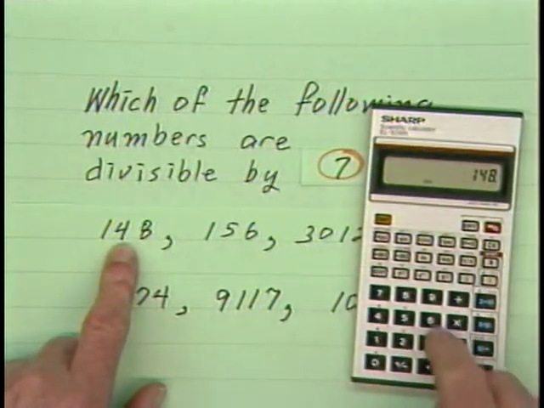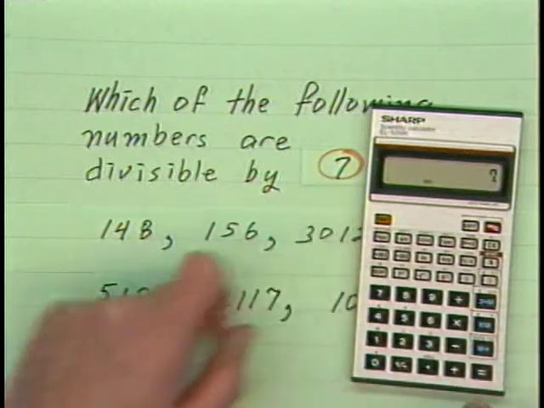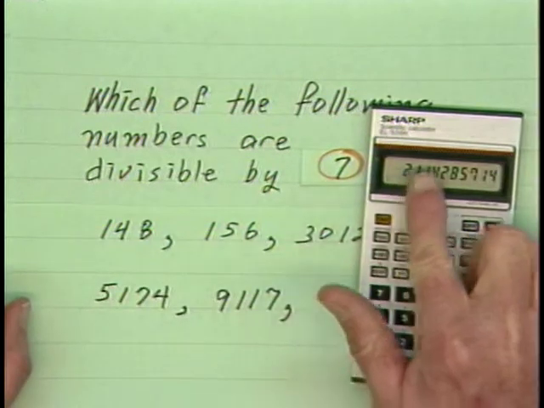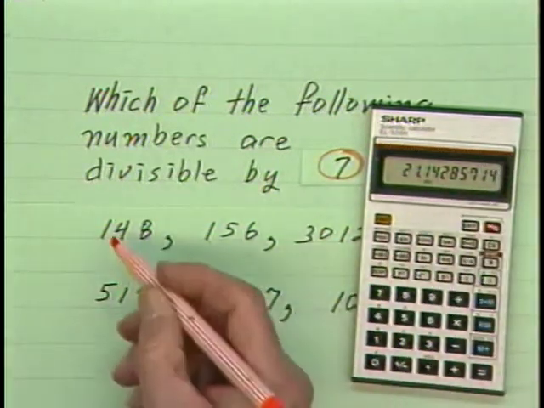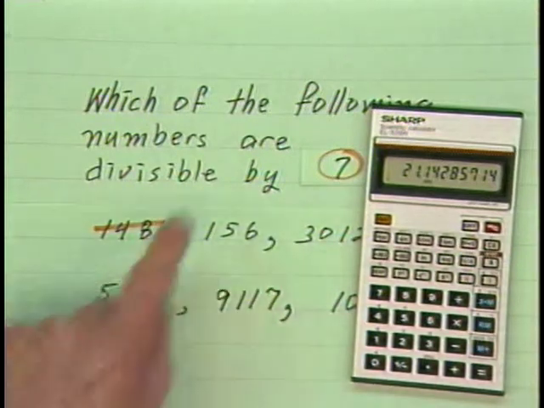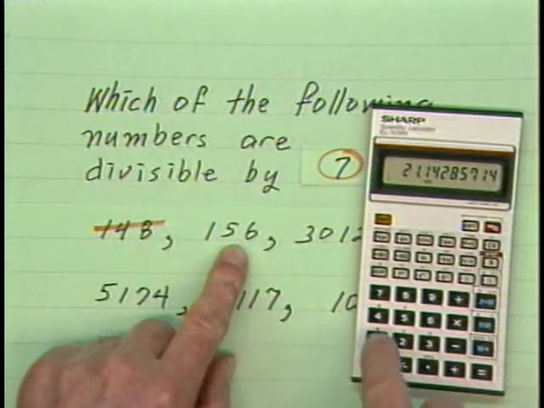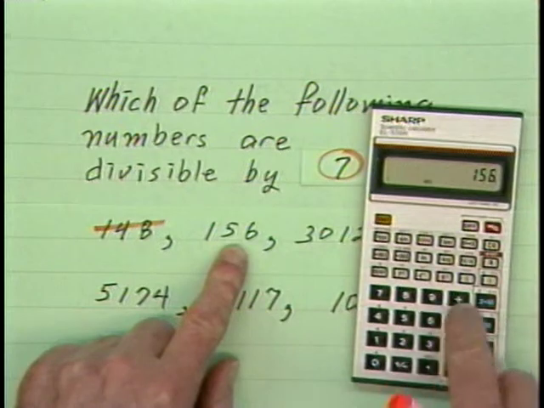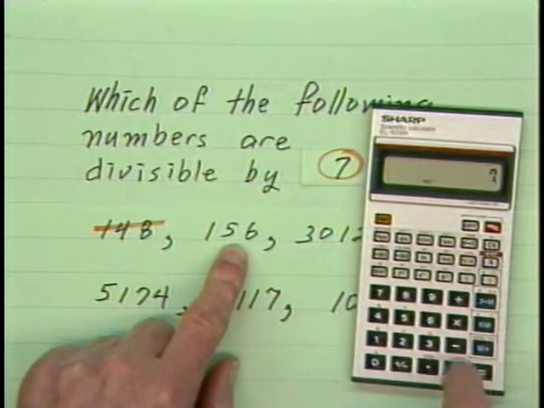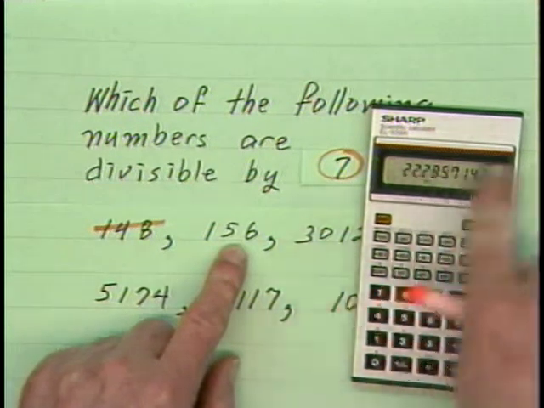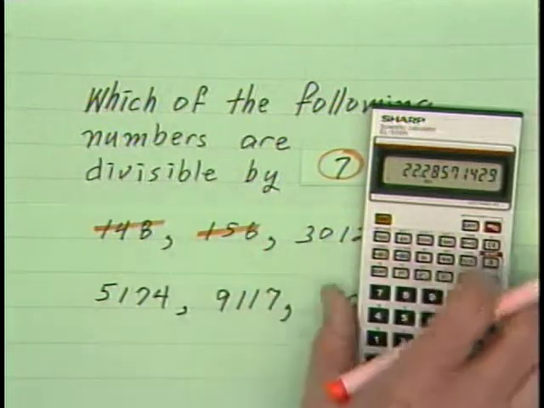148 divide by 7 equals, and if I get decimals, then that tells me this is not evenly divisible by 7. So in the next one, 156 divide by 7 equals, decimals, that's out.